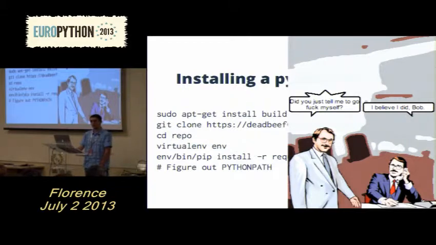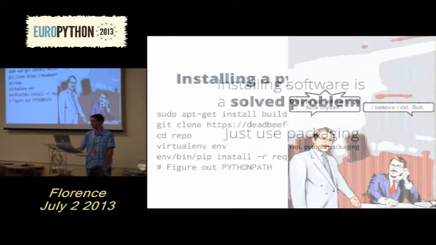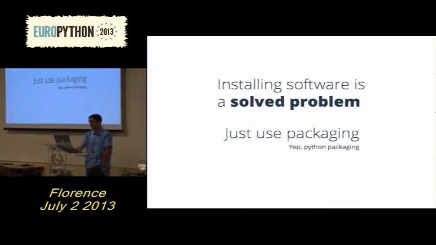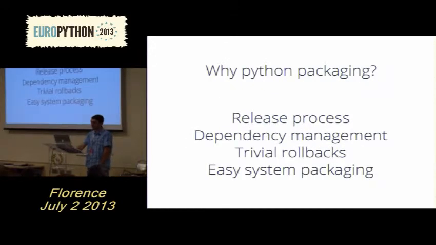So when we are deploying stuff, we are actually installing software, and installing software is a problem that's solved by packaging. So let's just use packaging for that, and Python packaging. The advantages that this brings are first of all a proper release process, so you always know what version you're running in production.